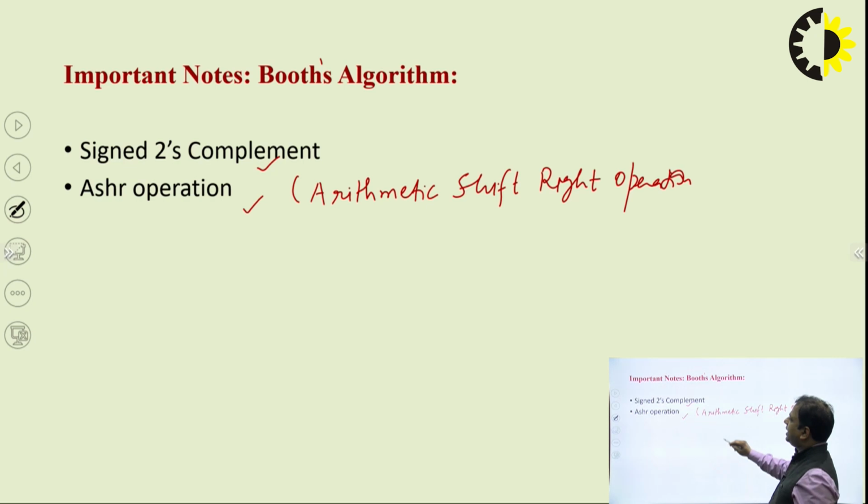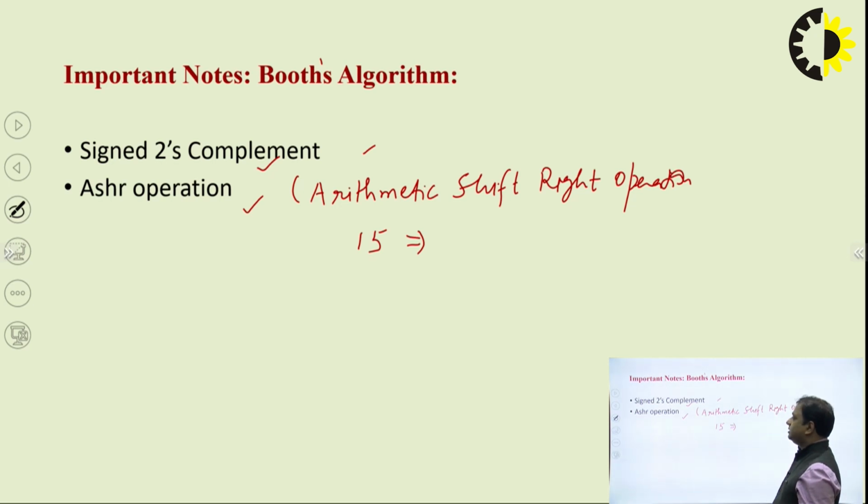Alright, and what is the sign 2's complement? First we understand the sign 2's complement. Sign 2's complement is basically used to represent negative numbers. So the objective is that we will represent the negative numbers in sign 2's complement form. That is important. Suppose we have the number 15 and I say represent it in sign 2's complement form.